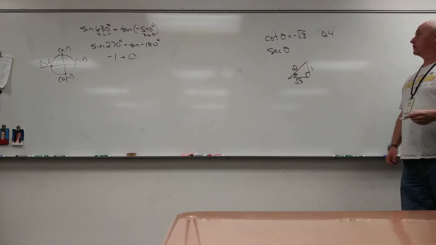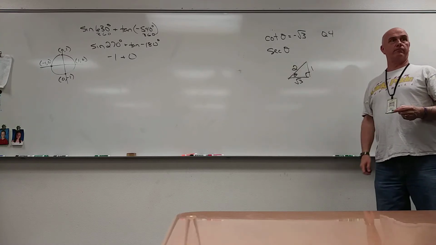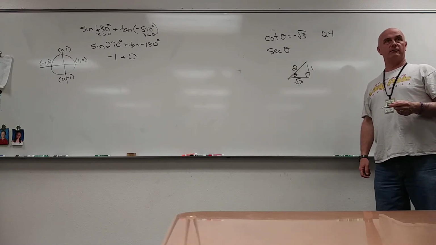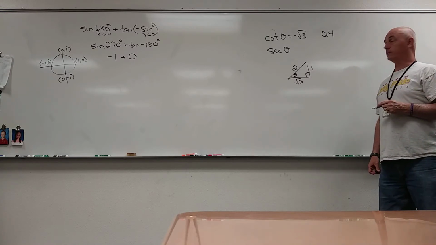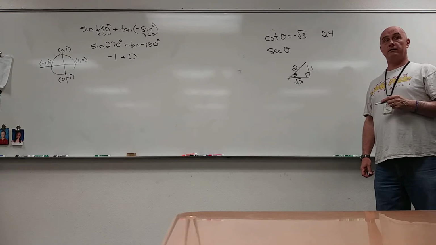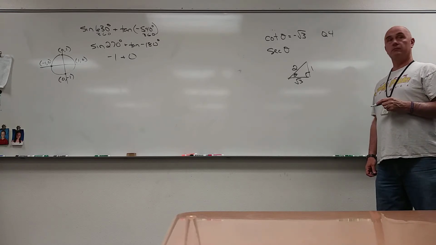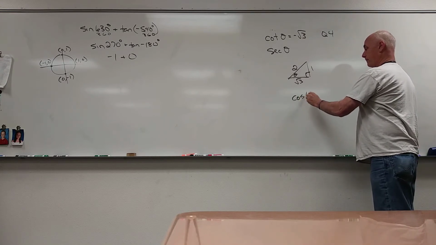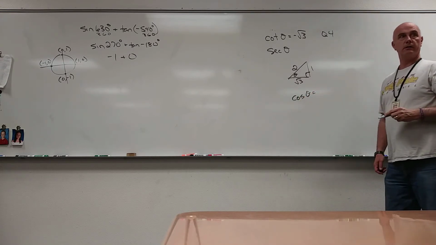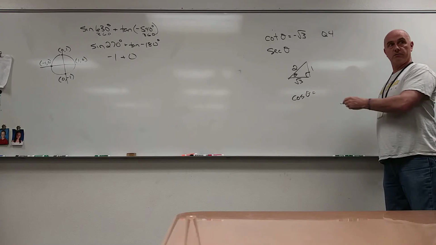Fair? Okay, so now we need secant. To get secant, it's the reciprocal of cosine. So cosine of theta is adjacent over hypotenuse, which is root 3 over 2.